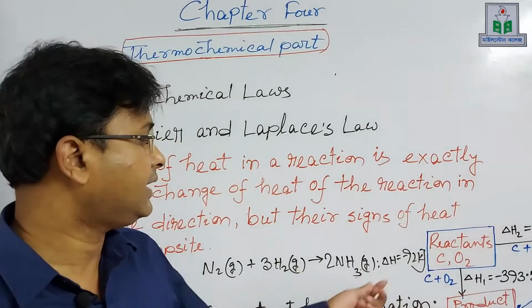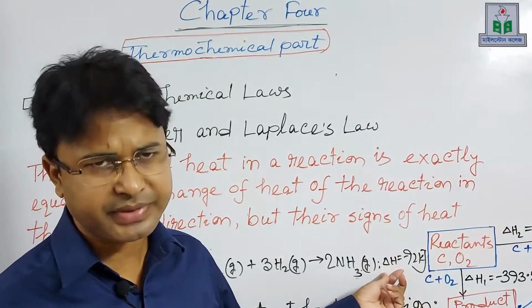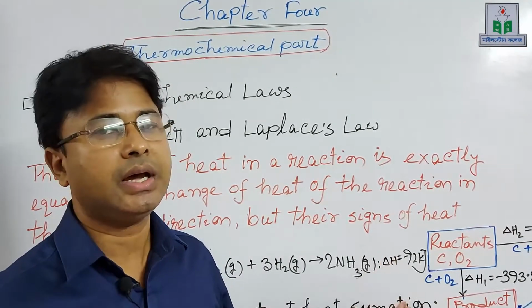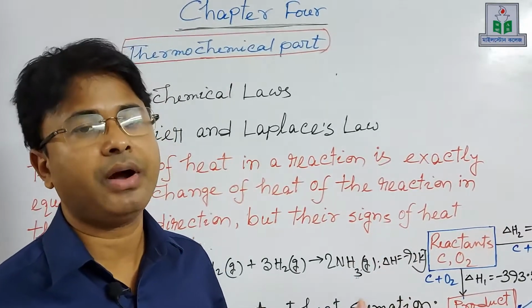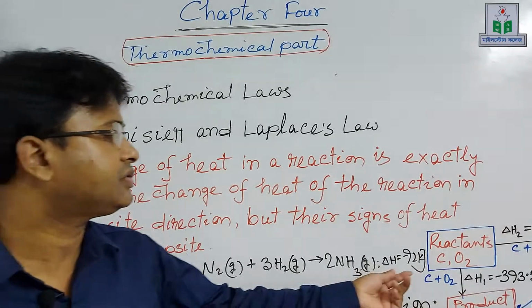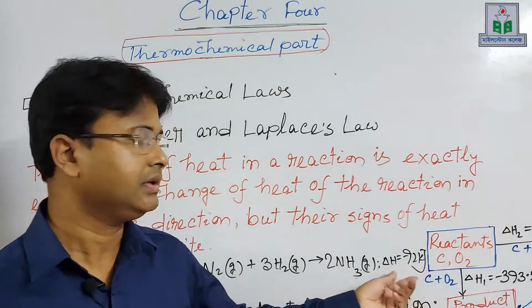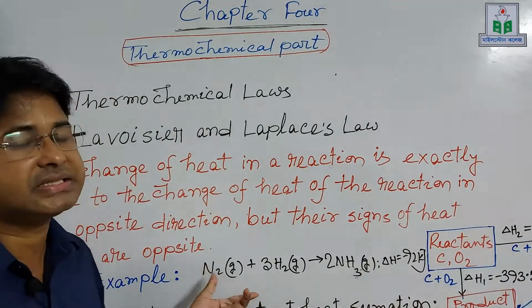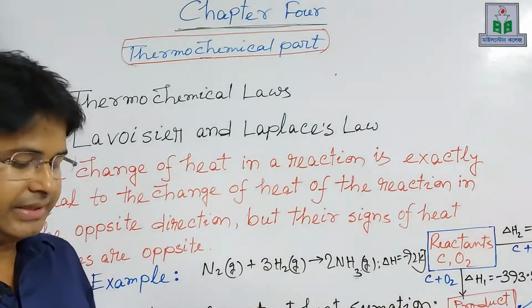You know that delta H represents the amount of heat change in a chemical reaction, and here 92 kilojoule heat is evolved. That's why this is a thermochemical reaction.